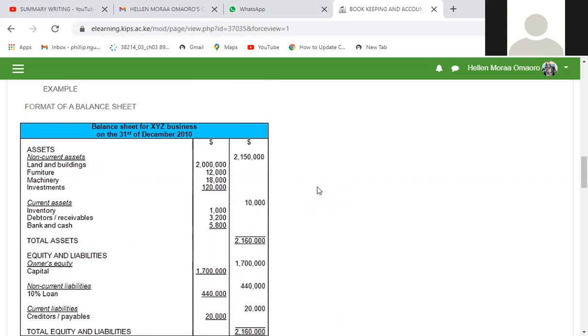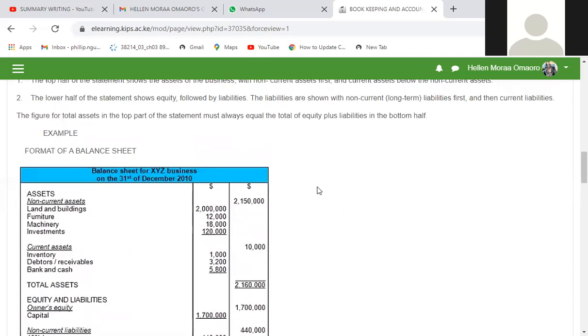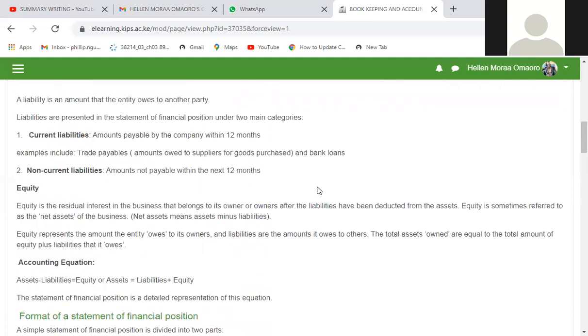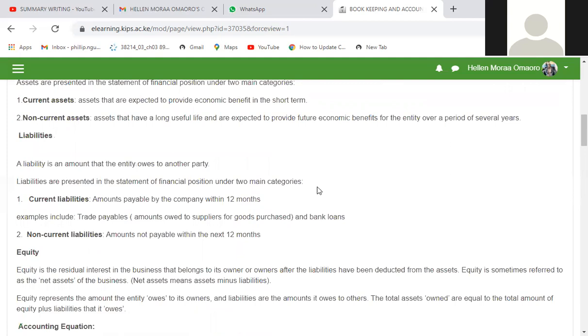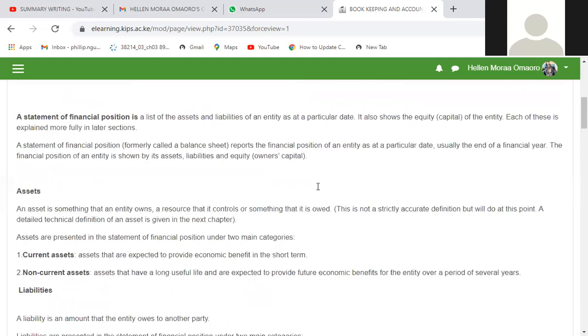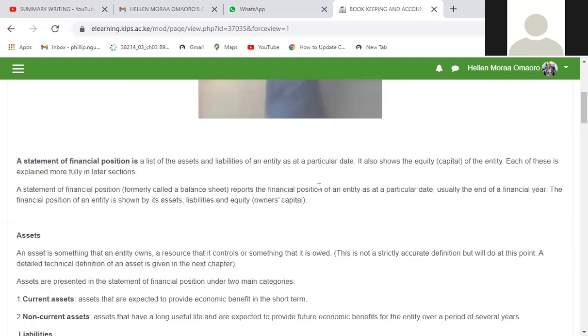So a balance sheet is that financial statement which is prepared at the end of the year in order to show the financial position of the business or the stability of the business. So this financial position statement is prepared in order to show you the assets, the liabilities, and the owner's equity.